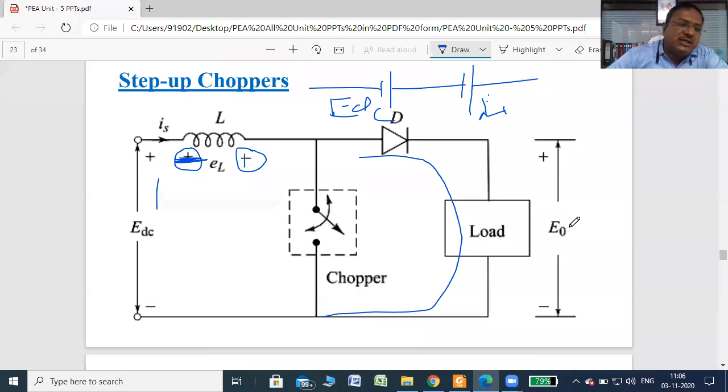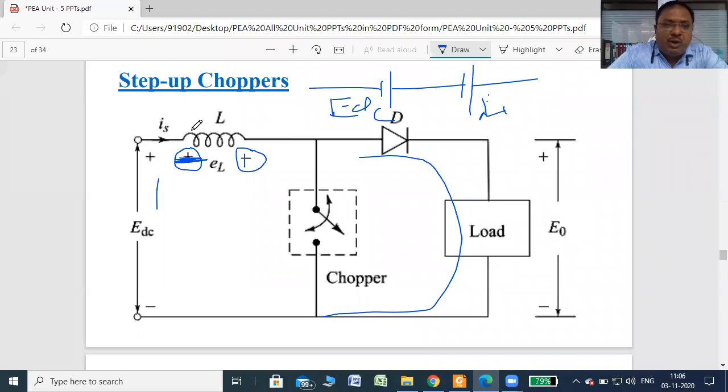Inductor energy plus EDC, that total energy is delivered to the load, so that the output voltage is equal to twice EDC, or definitely greater than EDC, right? So E0 is greater than or equal to EDC. So the circuit is called a step up chopper, right?